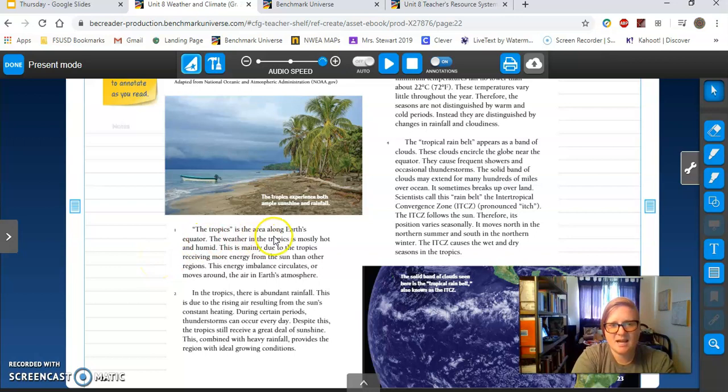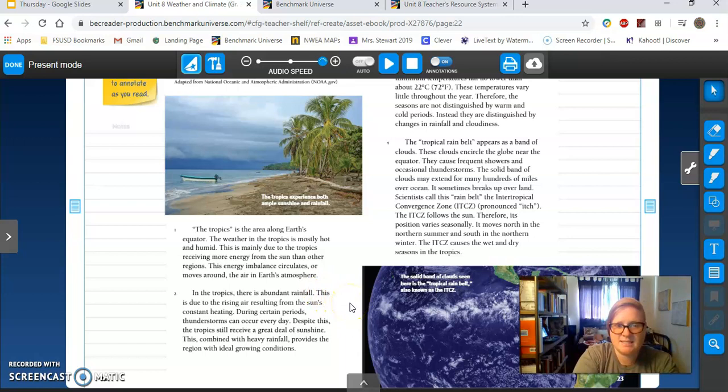The tropics is the area along Earth's equator. The weather in the tropics is mostly hot and humid. This is mainly due to the tropics receiving more energy from the sun than other regions. The energy imbalance circulates or moves around the air in the Earth's atmosphere. Now, that doesn't really tell me about sunshine or rainfall, so I know that this graphic doesn't really have anything to do with this paragraph. So let me move on to the next.